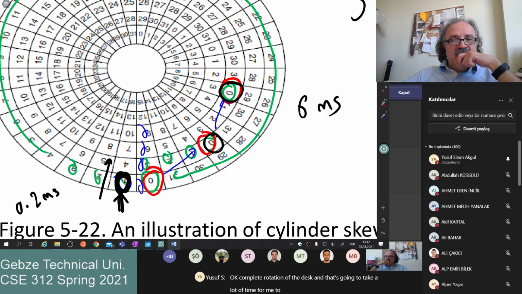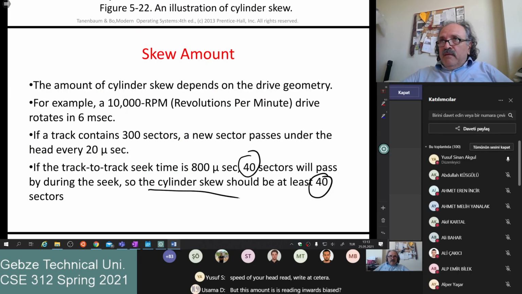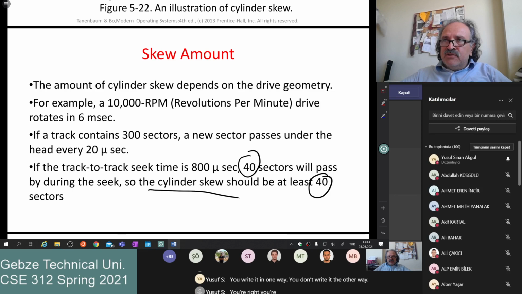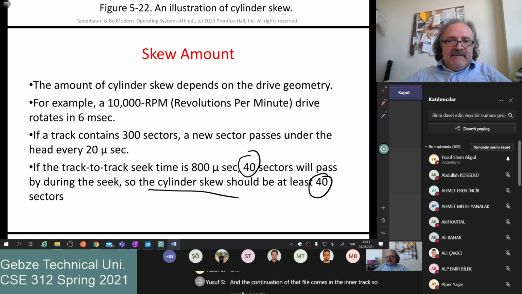Is reading inwards biased? If we are reading outwards, or we are seeking for something outwards, it will still spin and it will be penalized very badly. But when you are doing sequential file writing, you write it in one way, you don't write it the other way. You write the beginning of your file at the outer track, and the continuation of that file comes in the inner track. So usually people read their files from beginning to the end.